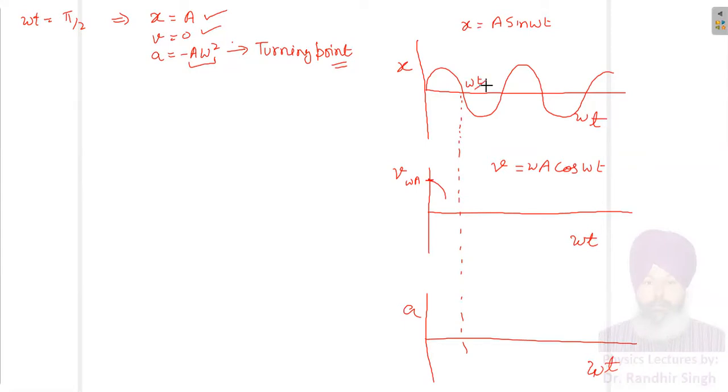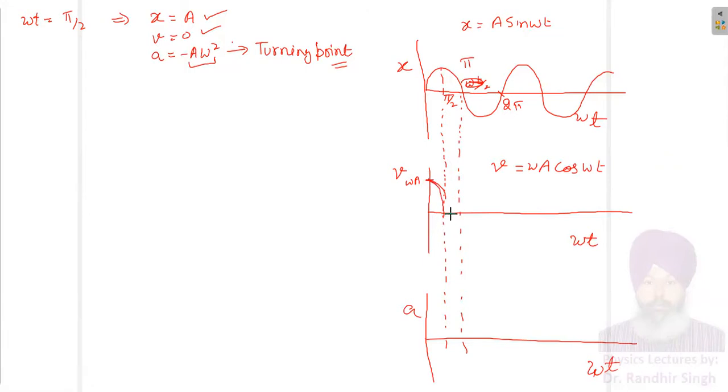Here it will be pi, here it will be 2 pi, and somewhere here it will be pi by 2. So when omega t is pi by 2, this will match to 0.